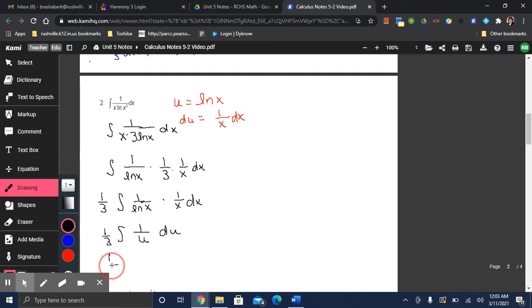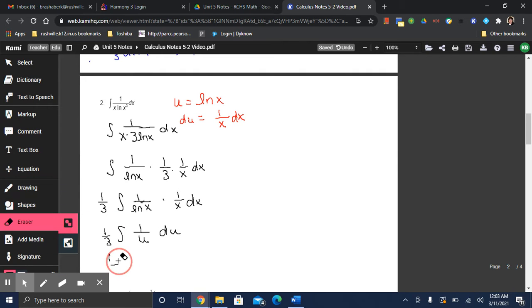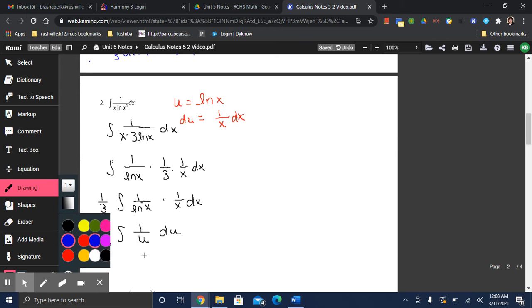So for your integration, we'll get 1/3 times the natural log of the absolute value of u plus c.